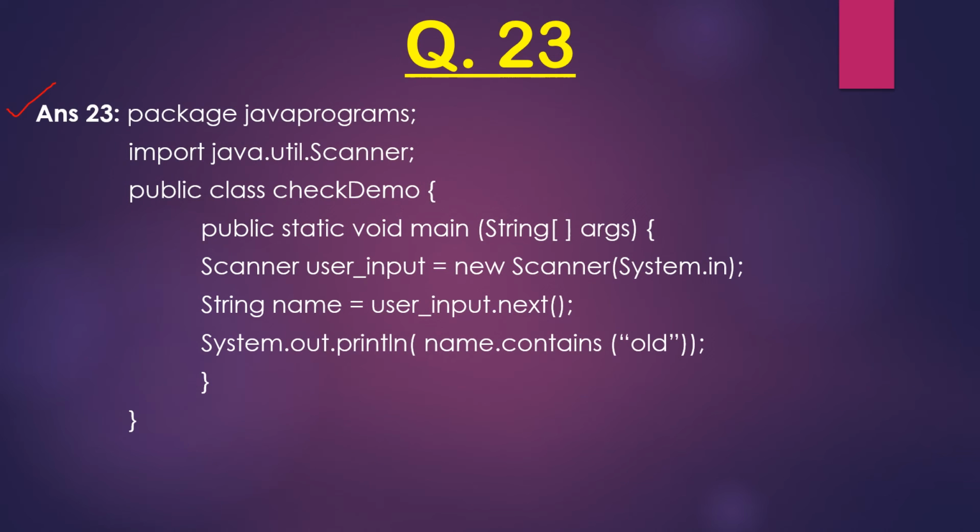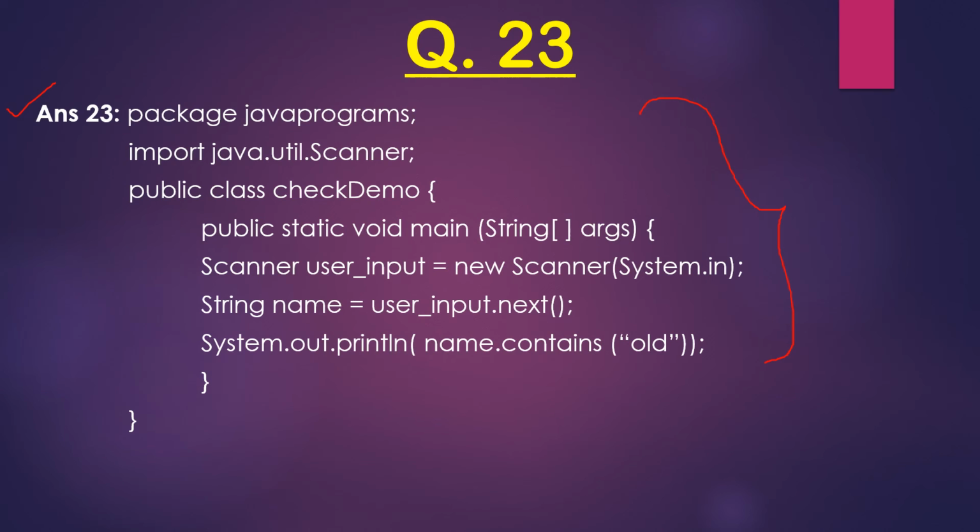Here is answer 23. Here you have to write code for a program, and basically this is a Java program. Whenever you are writing any commands, whether for Java or MySQL queries, you have to write all of them very carefully without committing any error.